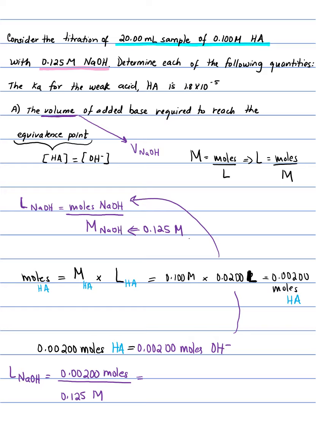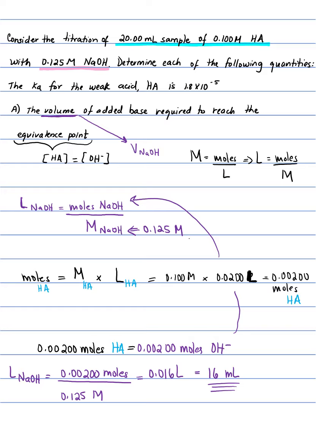So you can do the calculator, 0.002 divided by the concentration, and that will give you 0.016 liters, which is the same as 16 milliliters.